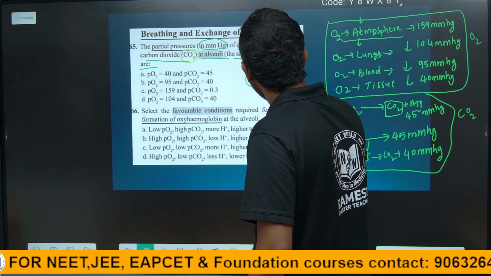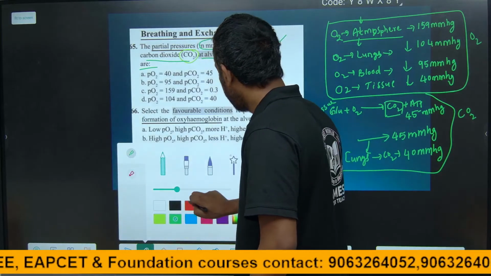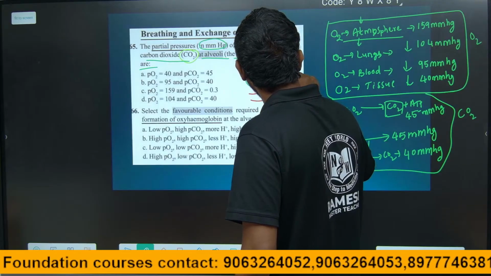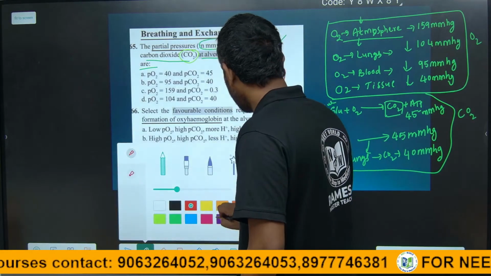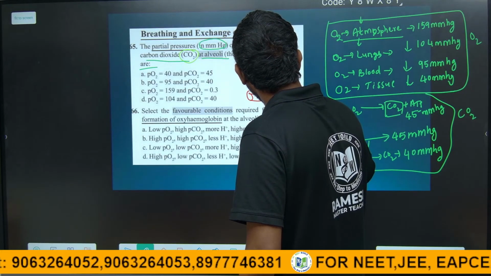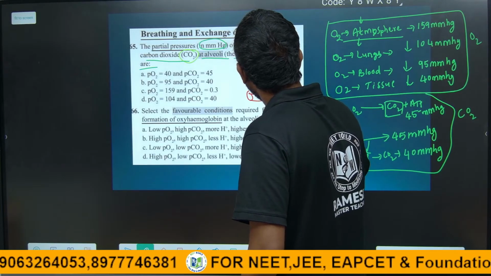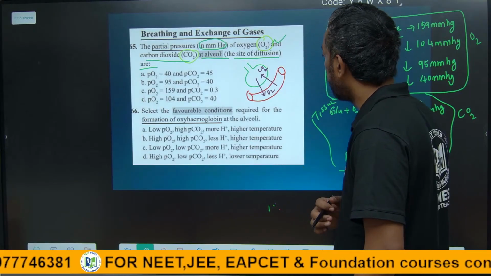This is the alveolus, and this is the blood capillary. Oxygen enters the blood capillary, and carbon dioxide from the blood capillary enters the alveolus. They inhale the oxygen and exhale the carbon dioxide.